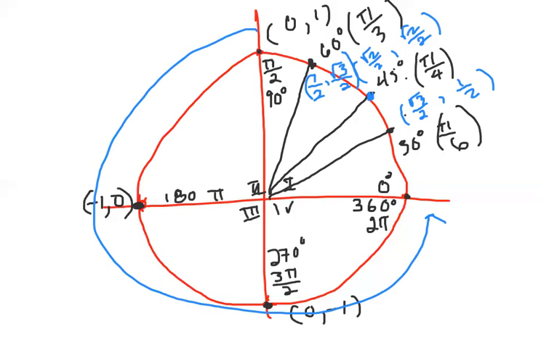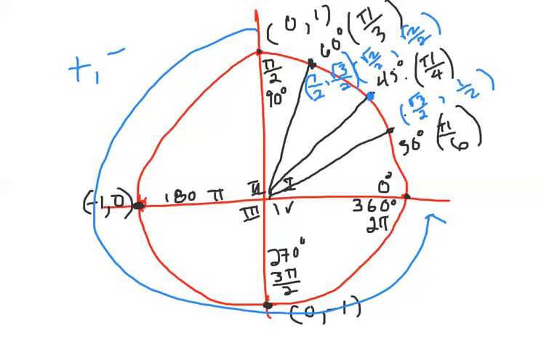What is going to be the difference? The difference is going to be the signs. Is the cosine going to be positive or negative? Same thing with the sine, and same thing with tangent. Depending on which quadrant you're in, that determines whether it is going to be positive or negative.